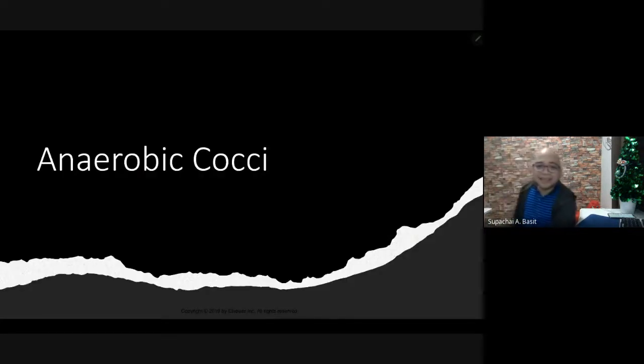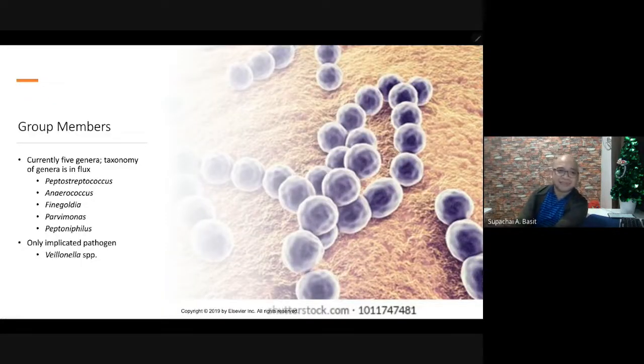Okay, so another topic that we have for today is anaerobic cocci. This includes 5 genera, and the taxonomy of the genera is in flux. Examples are Peptostreptococcus, Anaerococcus, Finegoldia, Parvimonas, and Peptoniphilus.